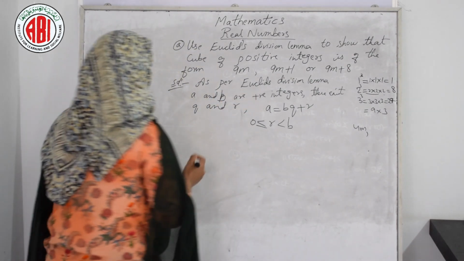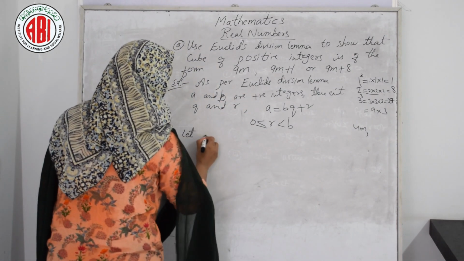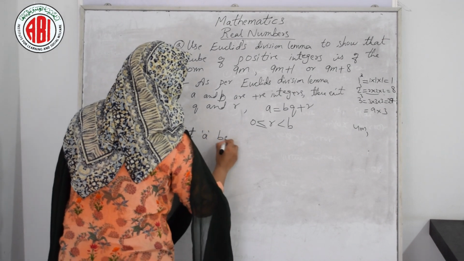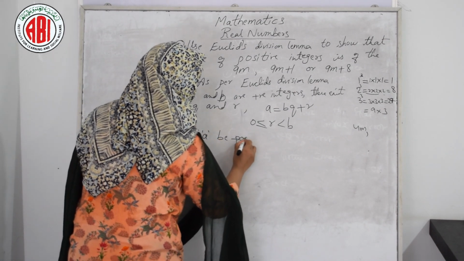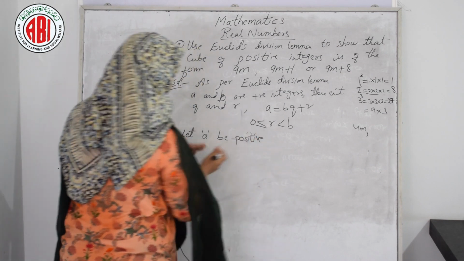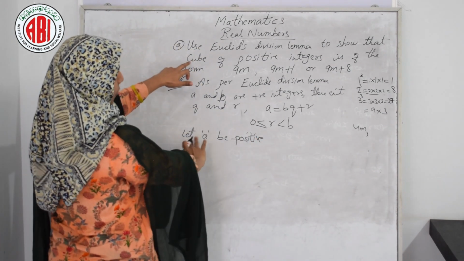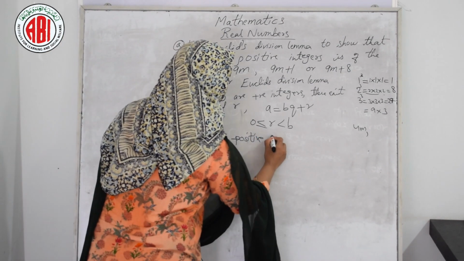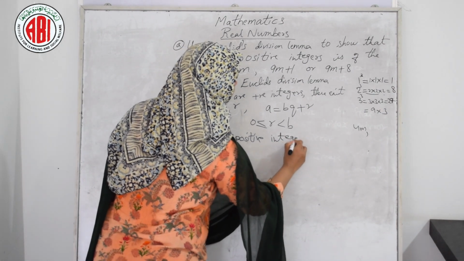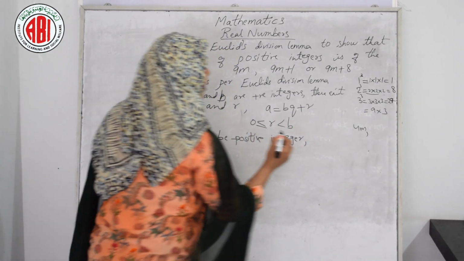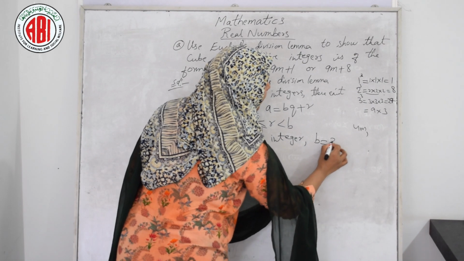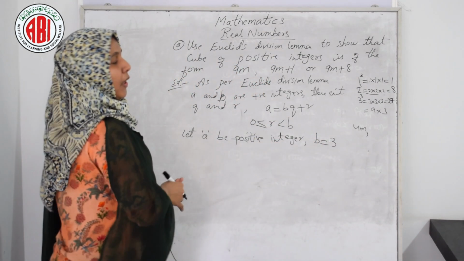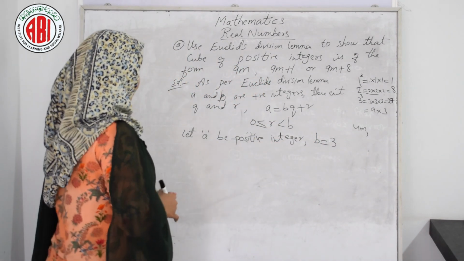So let a be some positive integer. We are not proving cubic yet; first we are taking just a positive integer. Let a be a positive integer and b is equal to 3. In this case we are taking b equals 3.